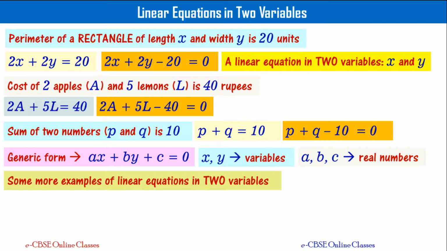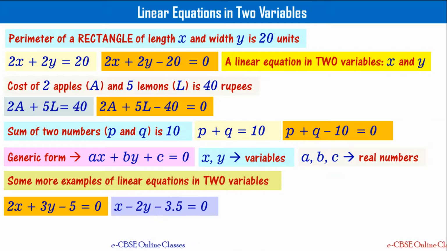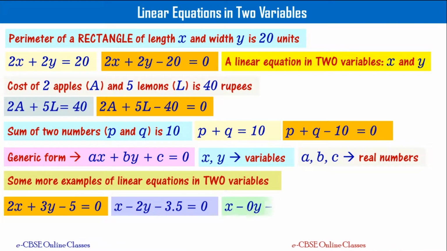We can write some more examples for linear equations in two variables. That is 2x plus 3y minus 5 equal to 0, x minus 2y minus 3.5 equal to 0, x minus 0y minus 2 equal to 0.